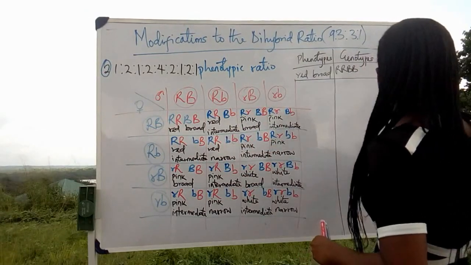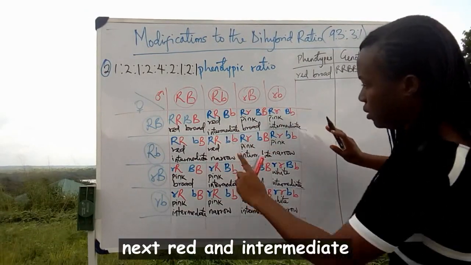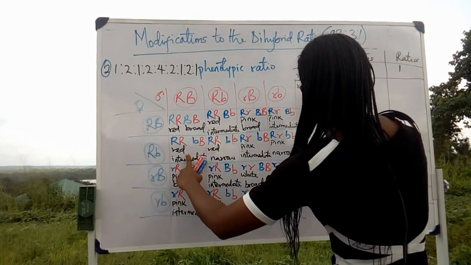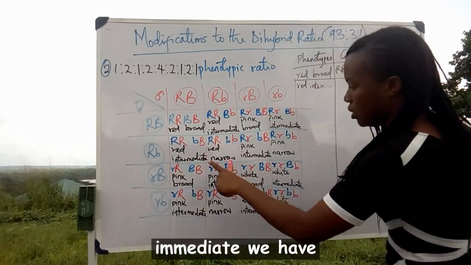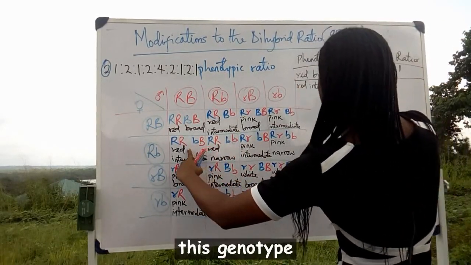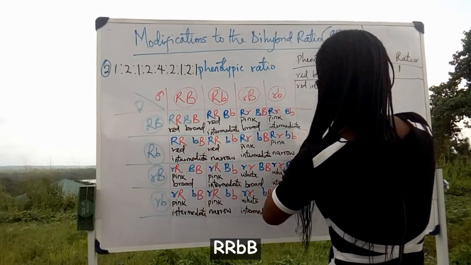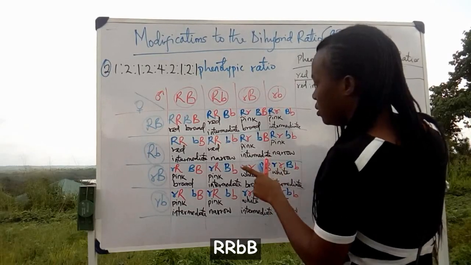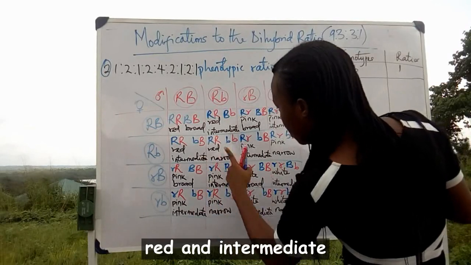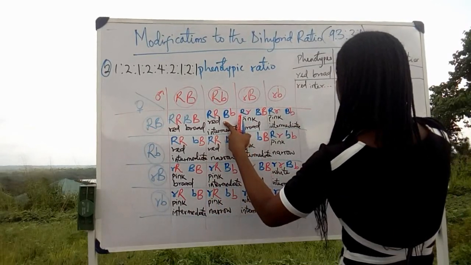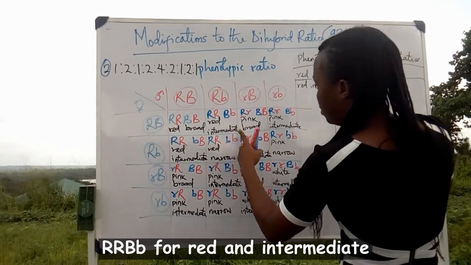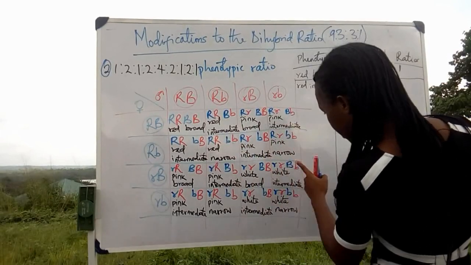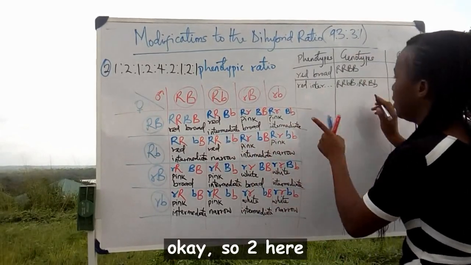It gives us this. The next, red and intermediate. Intermediate, we have this genotype, big R, small b, big B. Red and intermediate, yes, we have another, big R, big B, small b. It's for red and intermediate. Okay, so two here.